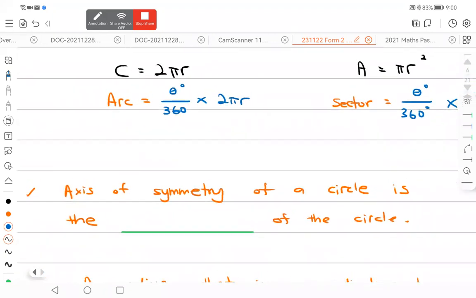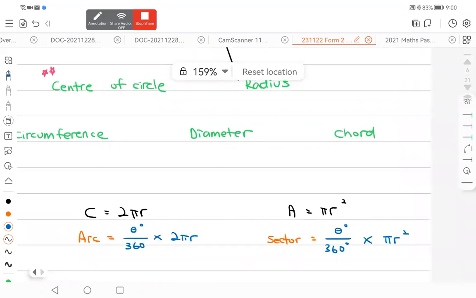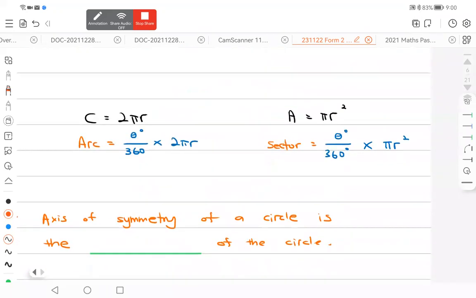Before we fill in the blank, just a quick one. The formula to find circumference is 2 pi r. Hence, an arc is part of the circumference, part of only. So you need to know the angle subtended over here, the angle covered by the part. To find the arc, angle over 360 degrees times 2 pi r.